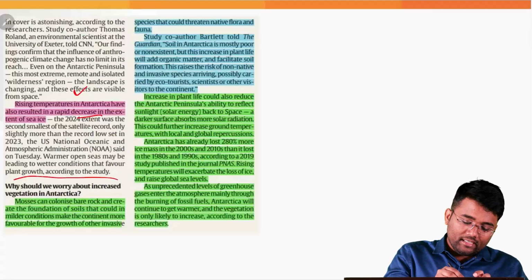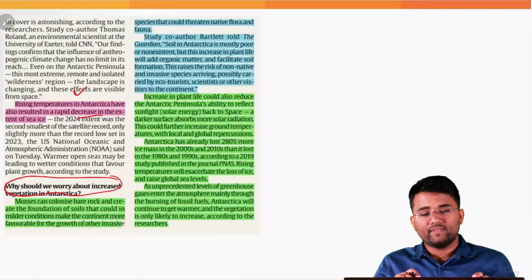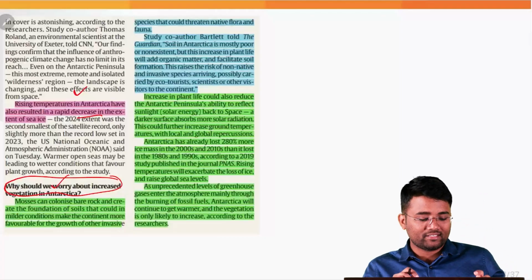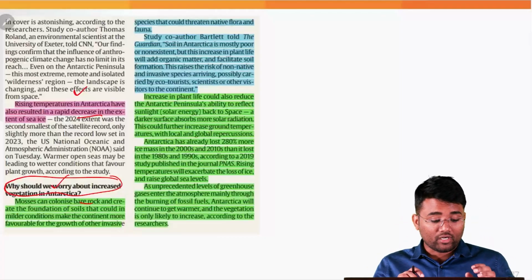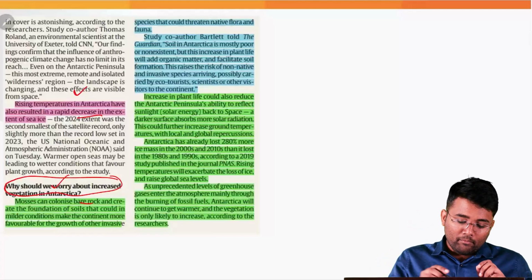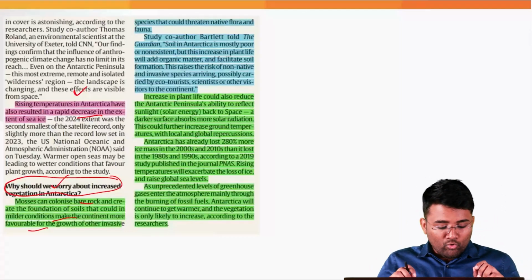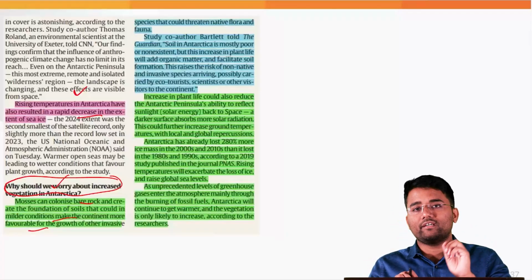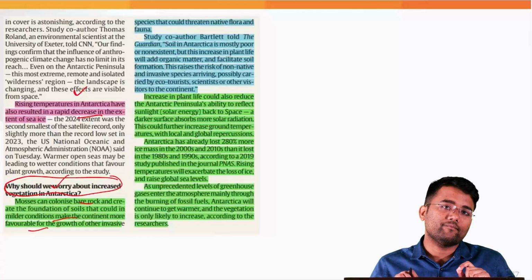And why is increased vegetation in Antarctica a cause of worry? The mosses that are coming on the bare rocks can colonize the bare rock and create the foundation of soil that could, in milder conditions, make the continent more favorable for the growth of some invasive species that could threaten the native flora and fauna.